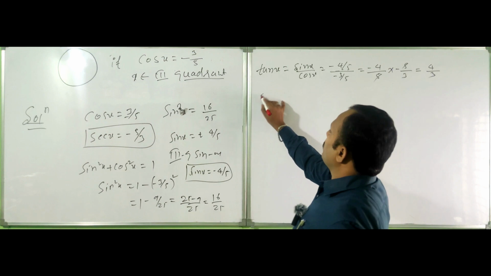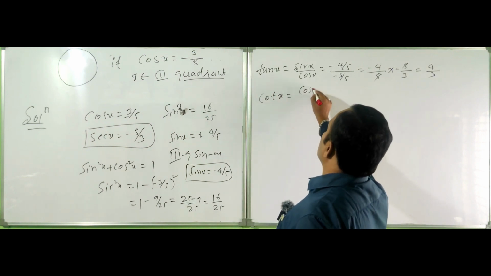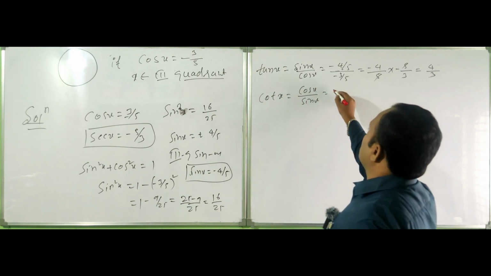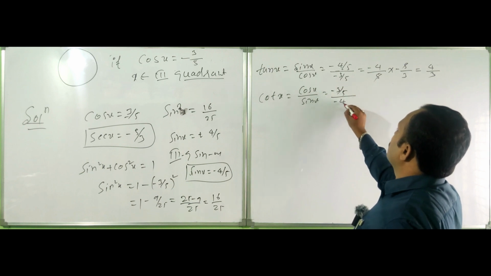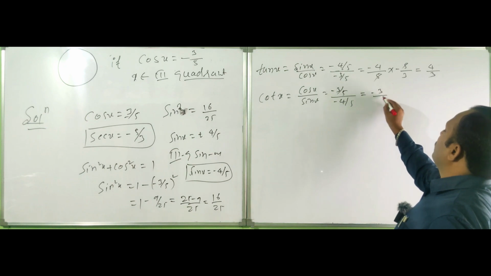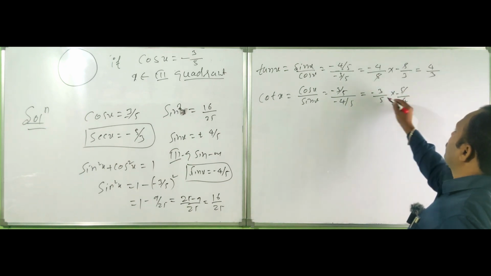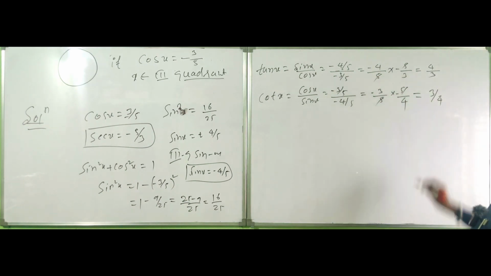Similarly, for cotangent, cot x is equal to cos x by sin x, which is minus 3 by 5 over minus 4 by 5. This becomes minus 3 by 5 into minus 5 by 4. The 5s cancel, minus to minus is plus, so this becomes 3 by 4.